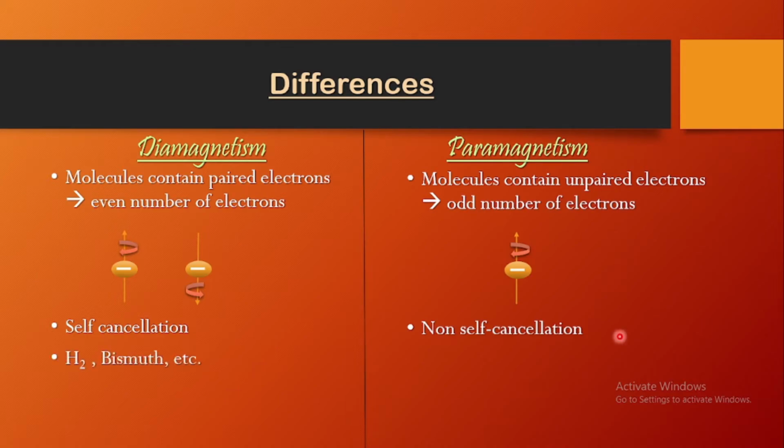And for example, we can say hydrogen, bismuth, etc. are diamagnetic, whereas paramagnetism can be observed in free radicals, metals, the triplet state of electrons, etc. So we can say that electron paramagnetic resonance is a sophisticated spectroscopic technique which is going to detect free radicals in chemical or biological systems.